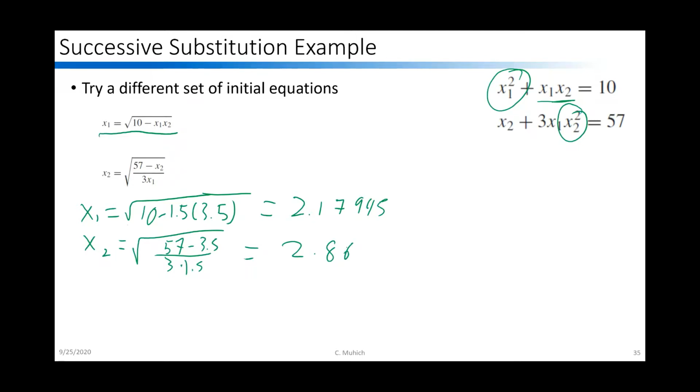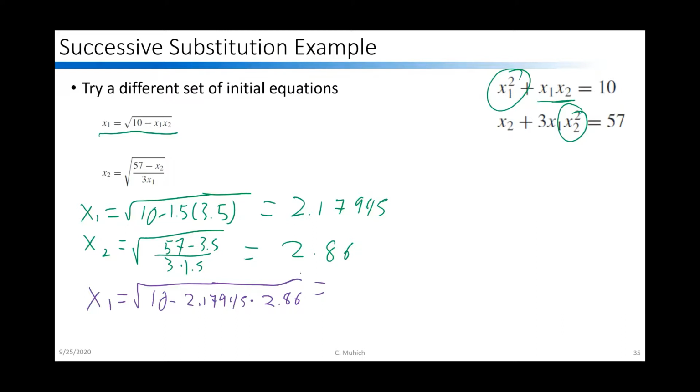Already this is starting to look better. I haven't meandered that far off my initial guesses. I'm going to now go in and do this for a second time. So we have x1 equals the square root of 10 minus 2.17945 times my new guess for x2, so 2.86.